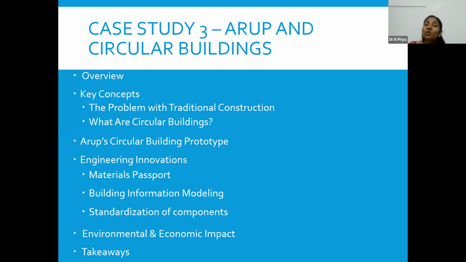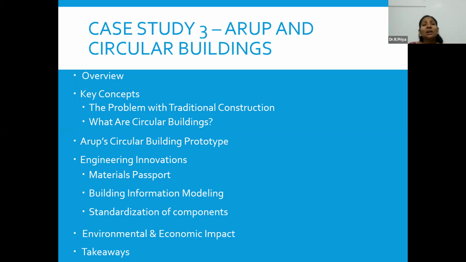But what are circular buildings? Here, design for disassembly and flexible use. Use of modular systems and reversible connections, that is bolts instead of welding. Incorporate reused and recyclable materials.